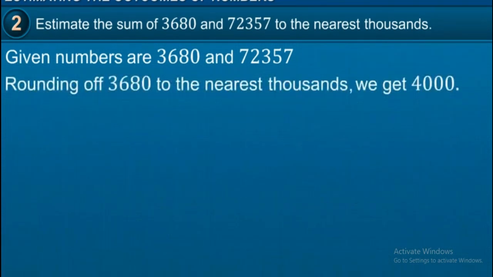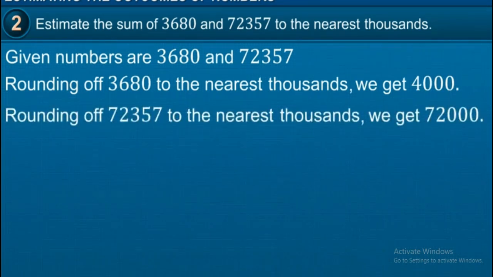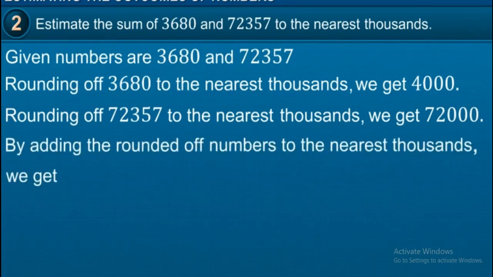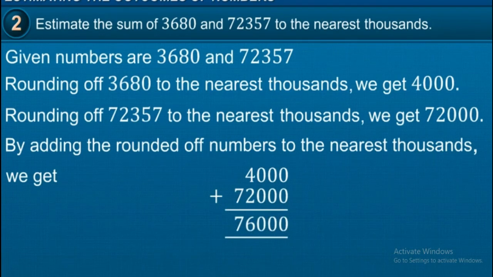Rounding off 3,680 to the nearest thousands, we get 4,000 because 3,680 is closer to 4,000. Rounding off 72,357 to the nearest thousands, we get 72,000 because it is closer to 72,000. So now we need to find the sum of 4,000 and 72,000, which is 76,000 approximately.